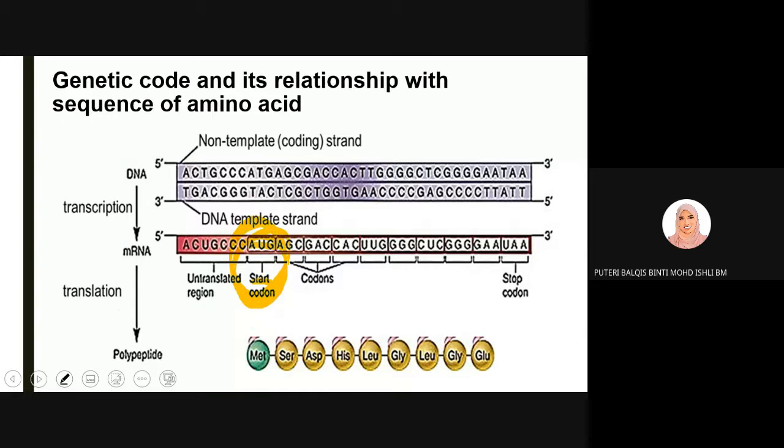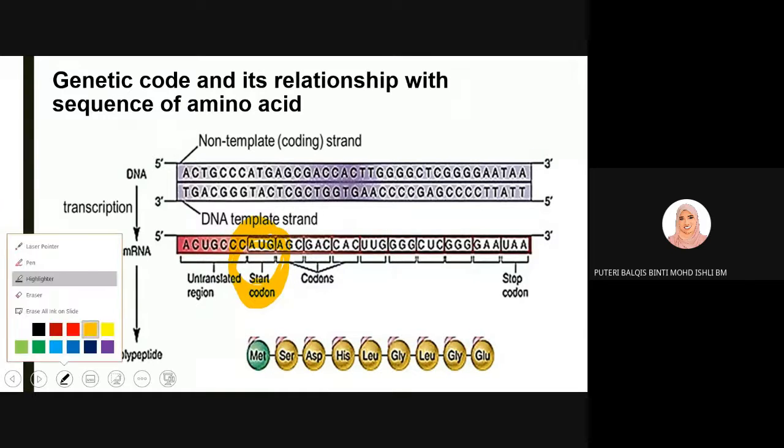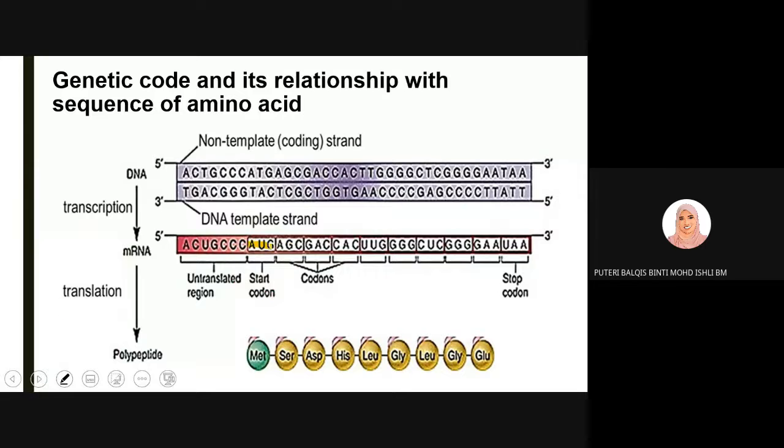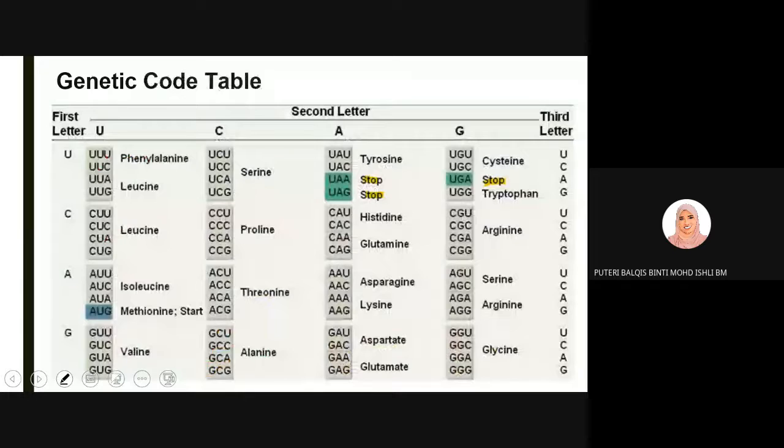So kita nak tahu start codon ni apa amino acid dia? How are you going to determine the amino acid? You are going to refer to this table, the genetic code table. To find amino acid, you need to refer to the genetic code table.